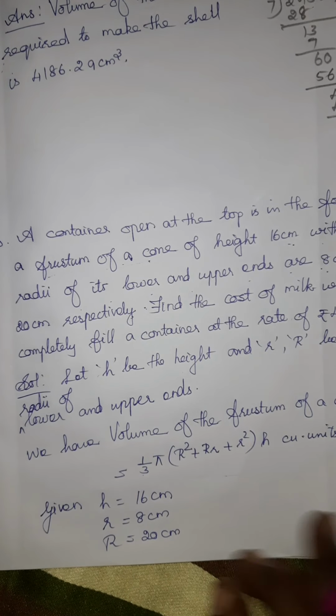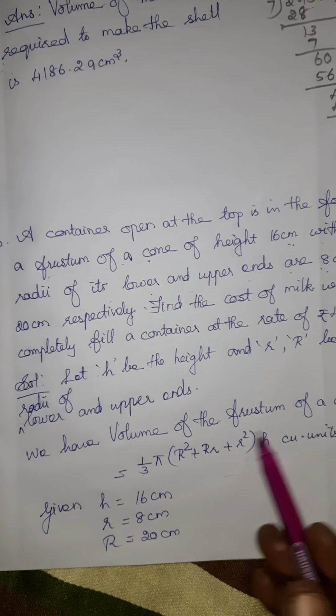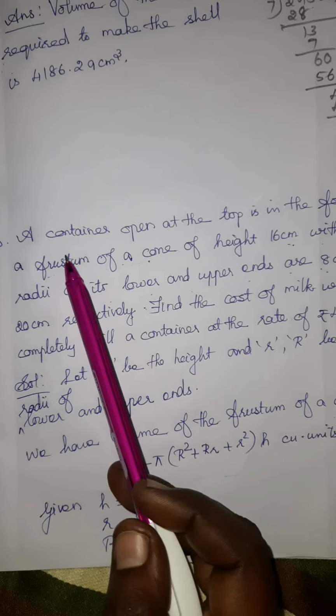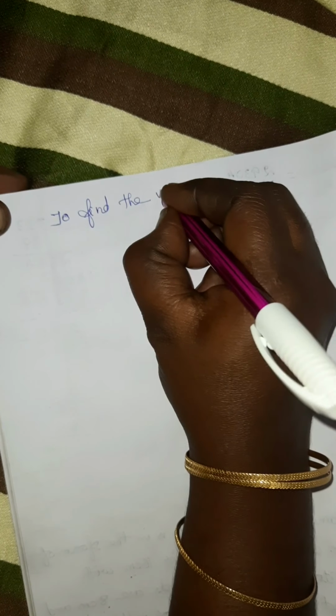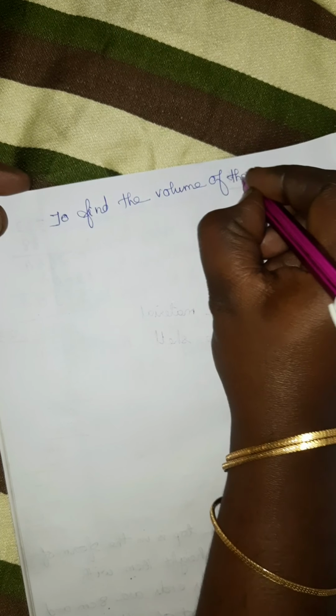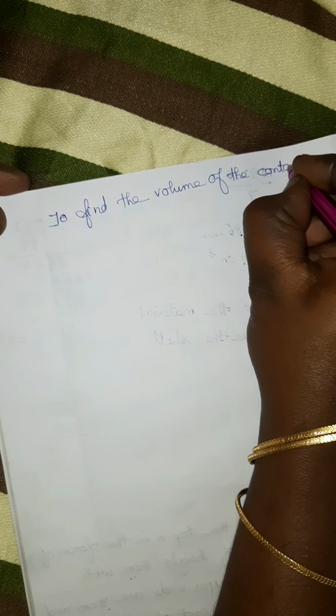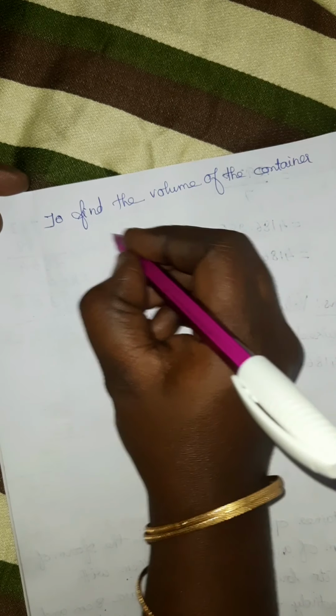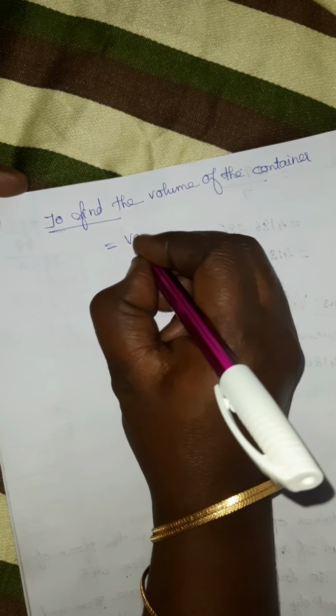Next we can find out the volume of the frustum of the cone. It is the volume of the container. To find the volume of the container, that is equal to the volume of the frustum.